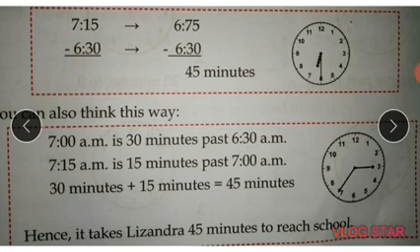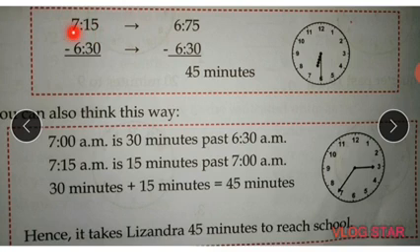First, observe the minutes. 30 is bigger than 15, so we cannot subtract the minute part of this time. So what you will do is borrow 1 hour from 7. So 7 will become 6 now.